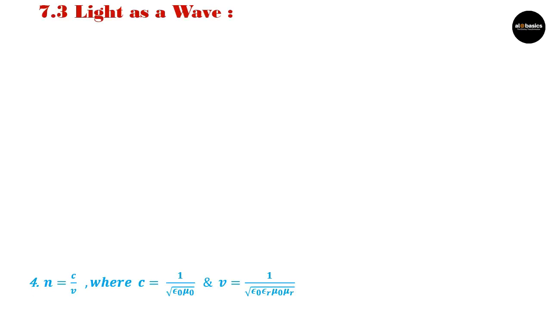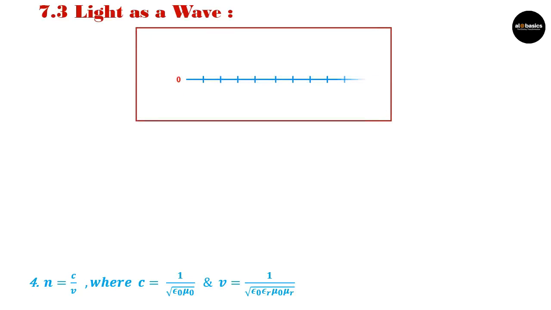In brief, we'll revise electromagnetic waves, and here now I'll take the x-axis, y-axis and z-axis, because an electromagnetic wave is a time and space wave. So here in space coordinates, the x-axis shows the direction of propagation of the wave.